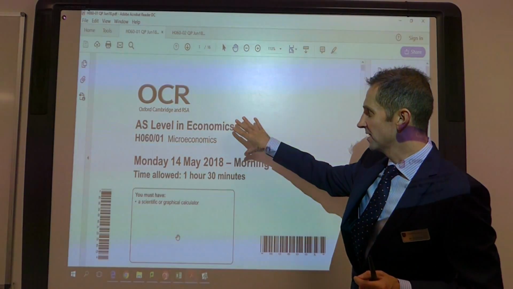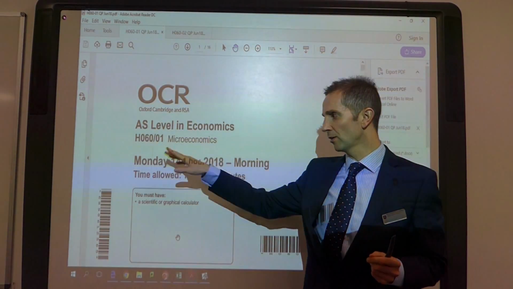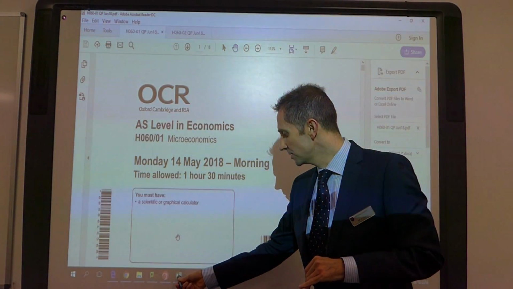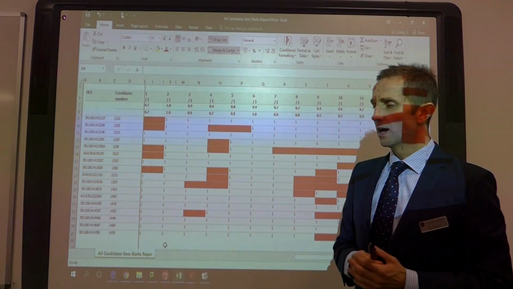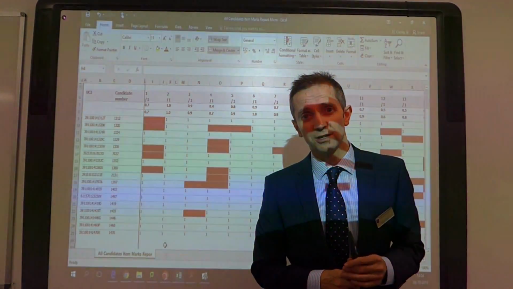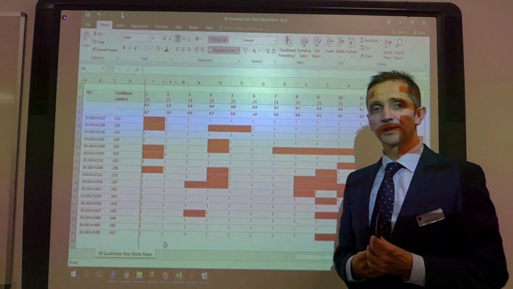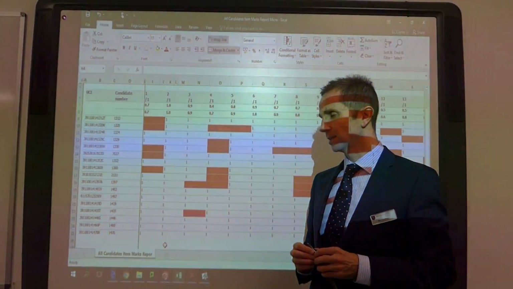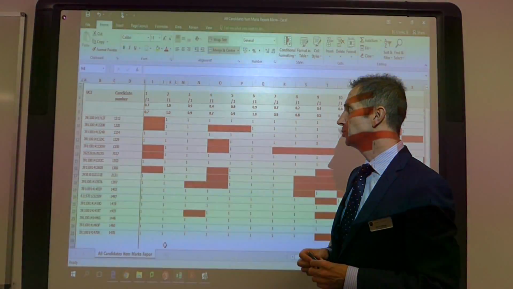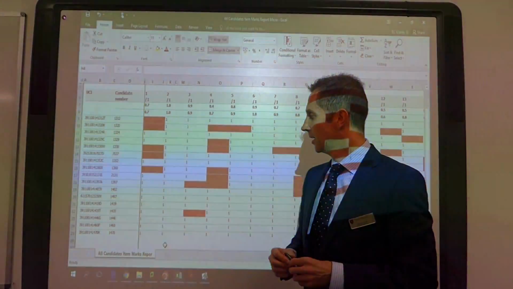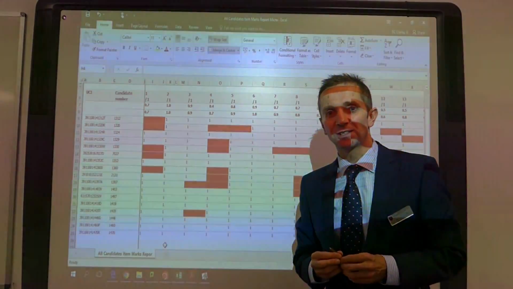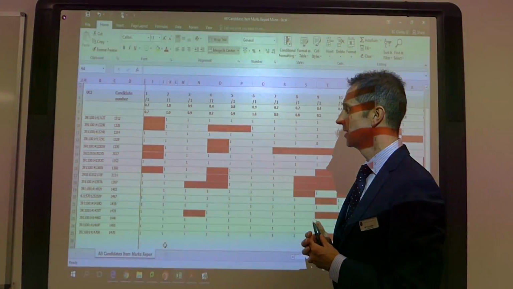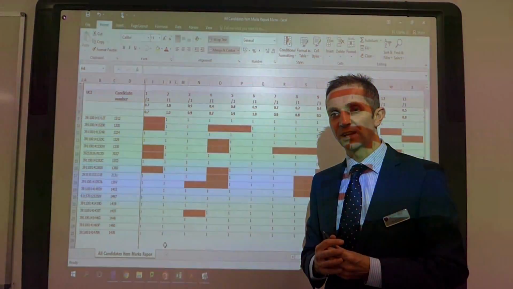So here you can see this is the AS level micro paper. I've got the A level macro paper all teed up as well. And what I have done is, and maybe your teacher has done this for you as well, it's possible via OCR Interchange to log into that, so that's staff members only, and you can download a record, which is a summary really of how a particular group of candidates have performed in a particular set of questions.